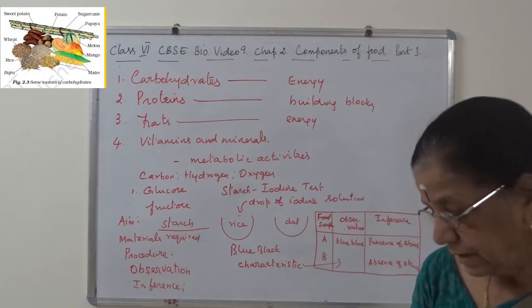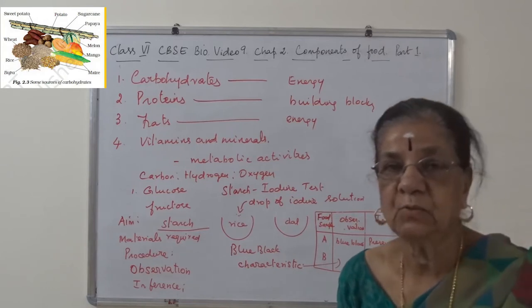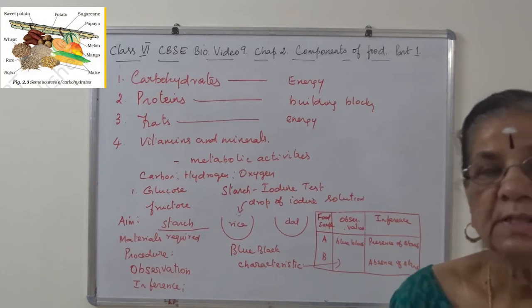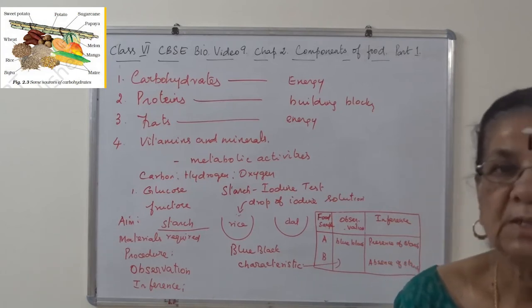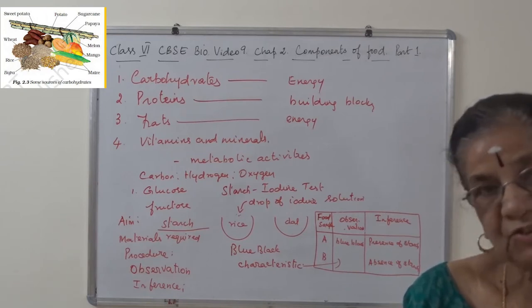Then, what do different food items contain? The whole content we are learning as carbohydrate, protein, fat, vitamins and minerals; they form the food components. I hope you understand.